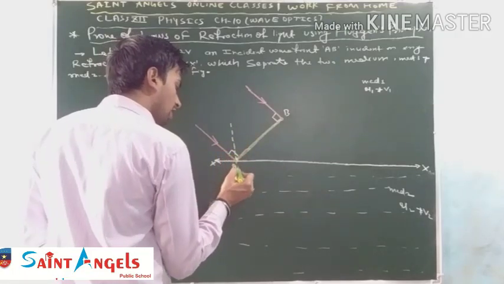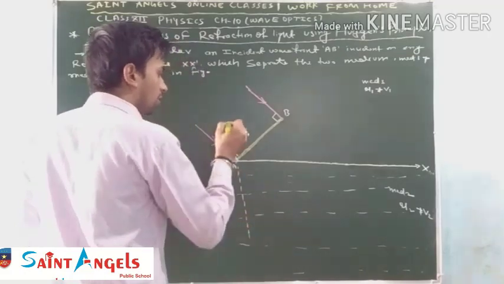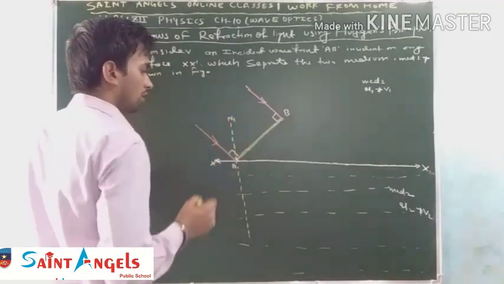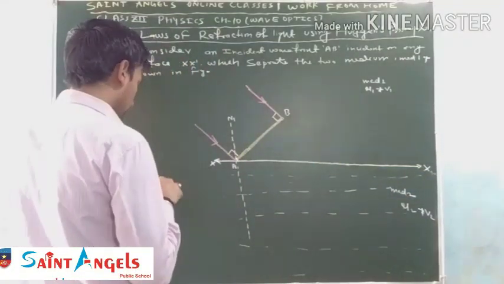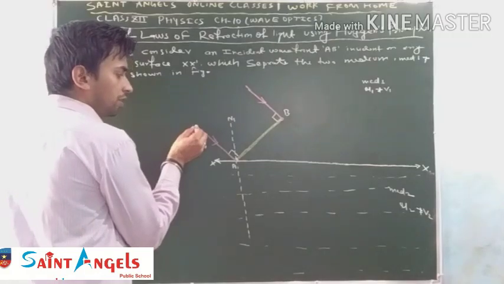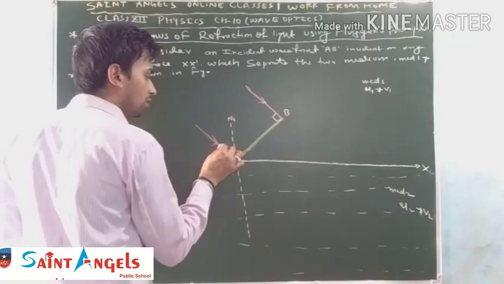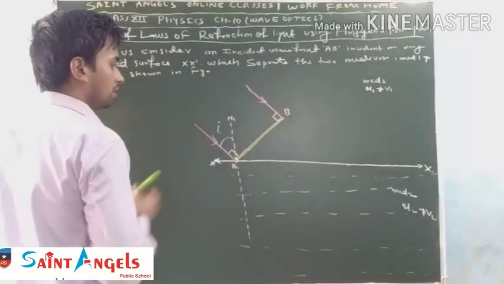That's why at point A the normal is N1, which is perpendicular to the refracting surface XX dash. Student, this is the incident ray and this is the normal. So the angle between the incident ray and normal is called the incident angle I.